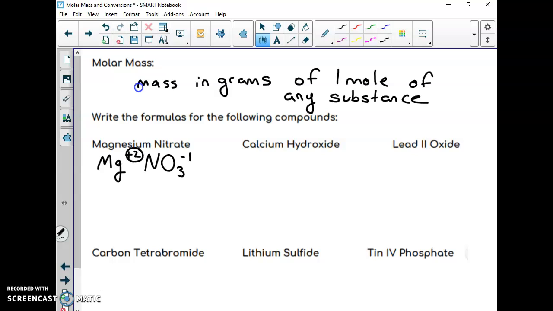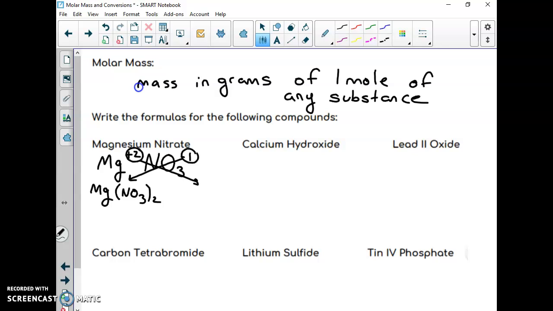These do not match up, and we can do what we've done a bunch of times now, just cross over the charges, turn them into coefficients. So in magnesium nitrate, we have 1 magnesium, and we'll need 2 of the nitrates, so since it's polyatomic, we'll need parentheses. 2 negative 1s cancels out a positive 2.